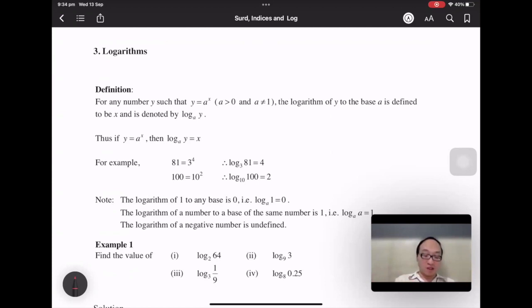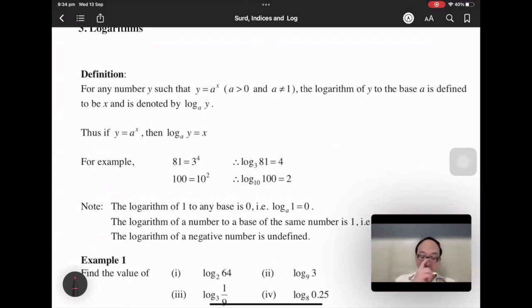For example, if we have 3 to the power of 4 equals 81, in inverse we can write, the base is 3, so we write the inverse into log to the base of 3. This is the base. So we put the 3 as the base of the log, of the 81 should equal 4.